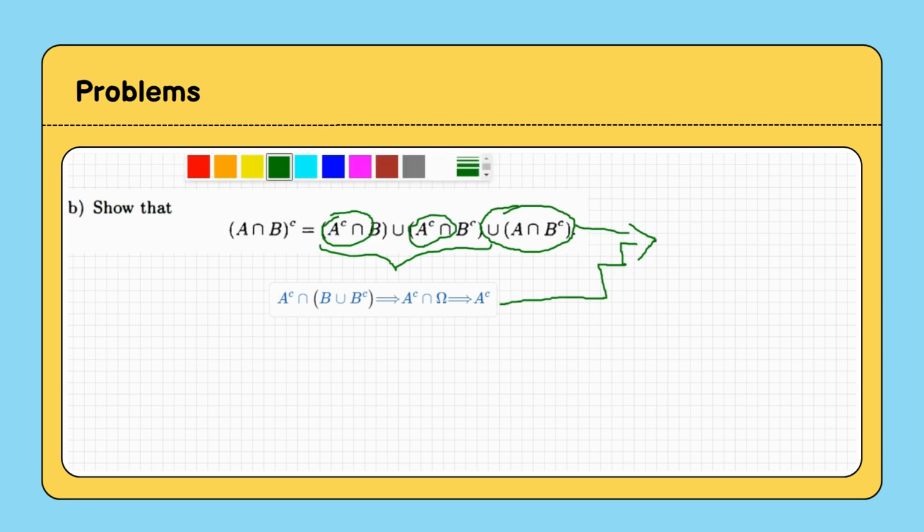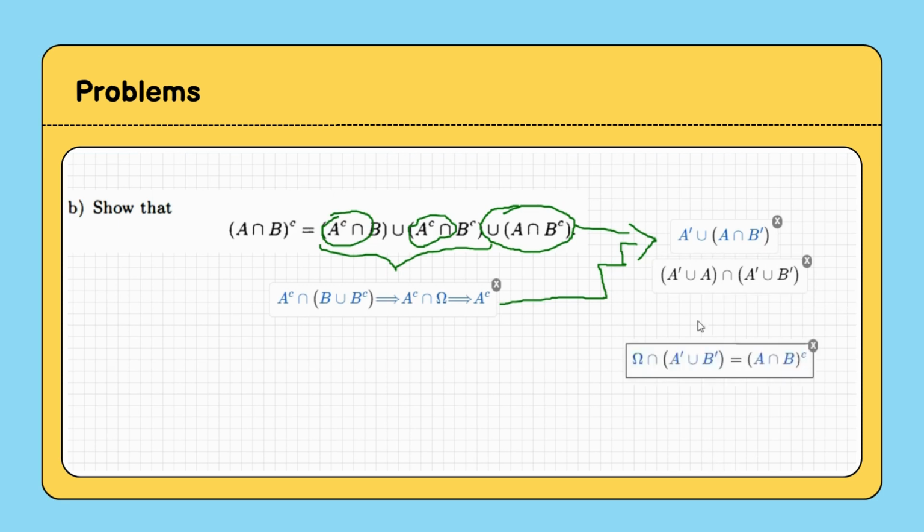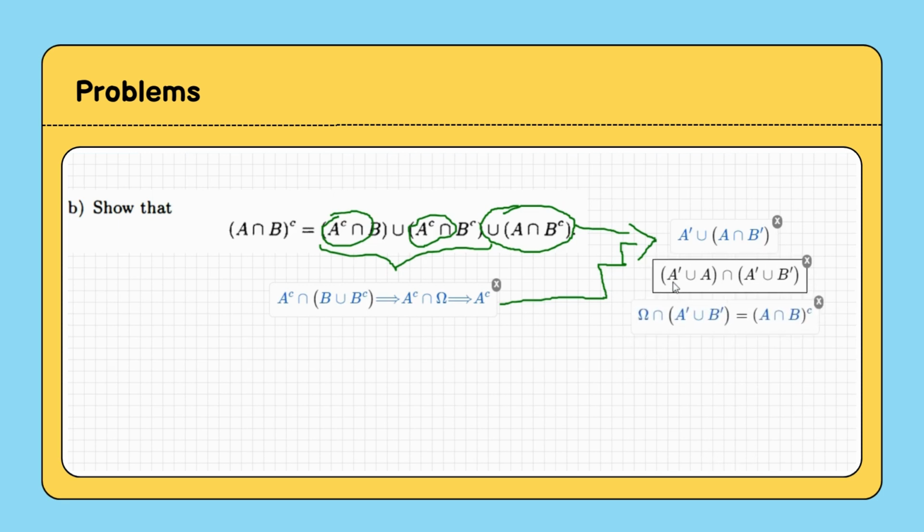I write them together, it would be A complement or parentheses A and B complement, which again is the distributive law. What you do is you add A complement or to both parts. It would be A complement or A, and A complement or B complement.